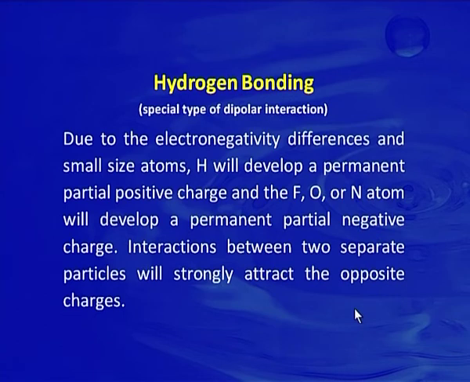Due to the electronegativity differences and small size, hydrogen can develop a permanent partial positive charge, and the fluorine or oxygen or nitrogen atom will develop a permanent partial negative charge. Interaction between two separate particles will strongly attract the opposite charges.